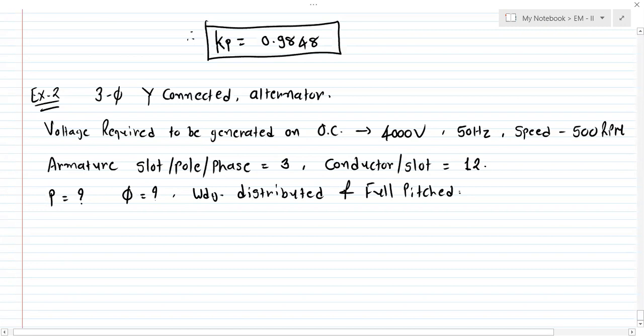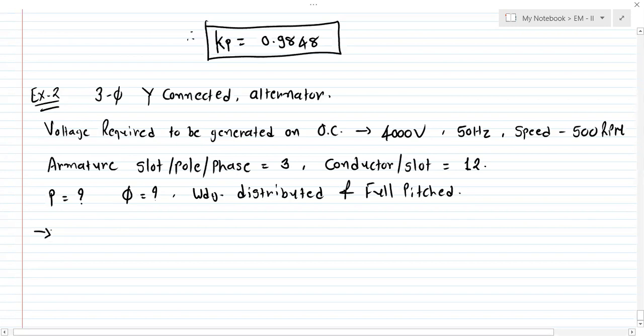So these are the data we have. What we have to find is the number of poles and the flux. So which equation do we have? This is the data.